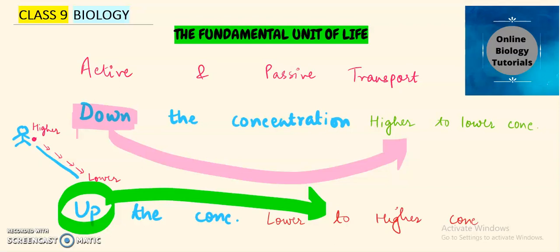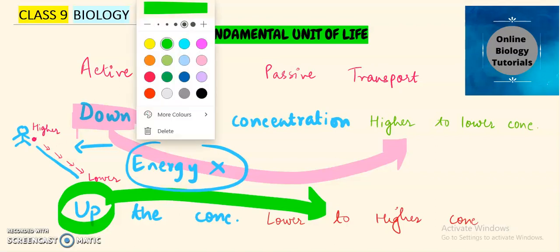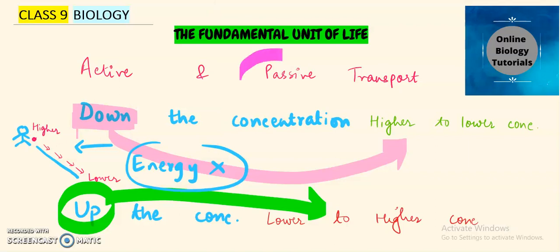It will come on its own and it will never utilize energy. So whenever particles move from higher to lower concentration, it happens automatically. This is the rule of nature. Such a type of transport is named passive transport, which does not require any energy.